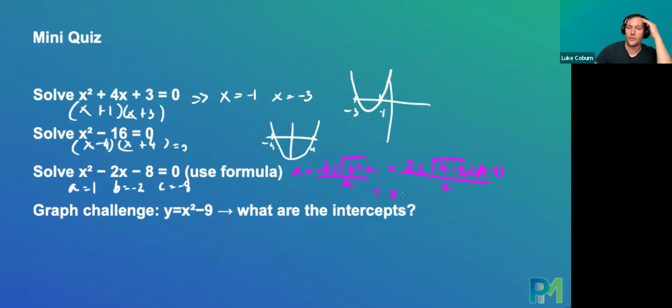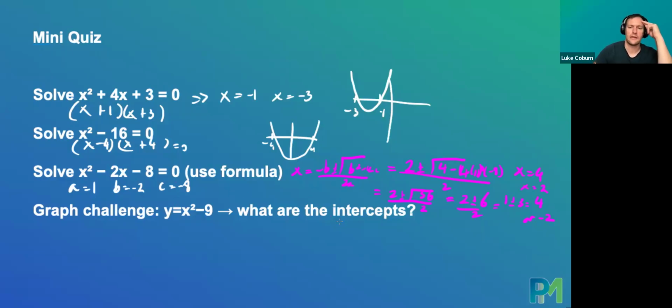This ends up being 2 plus or minus the square root of 4 minus 4 times -8, which is plus 32, so that's 36, all over 2. Then we get 2 plus or minus 6 over 2, so that's 1 plus or minus 3. So that's 4, or it's -2. So x is equal to 4 and x is equal to -2.